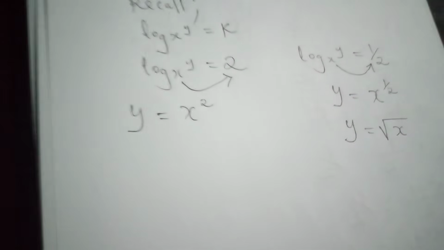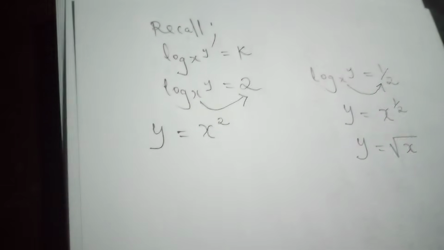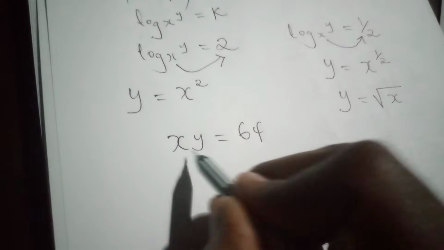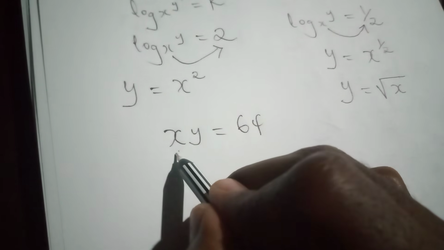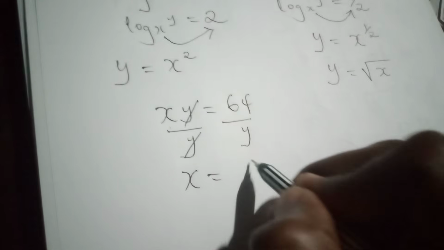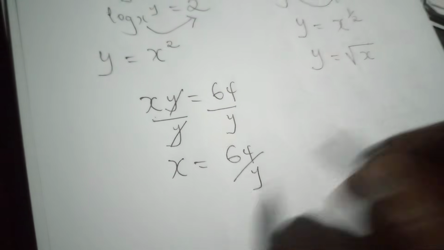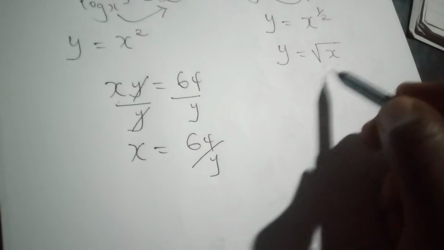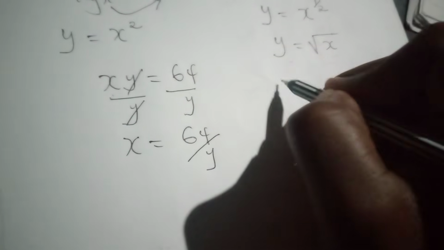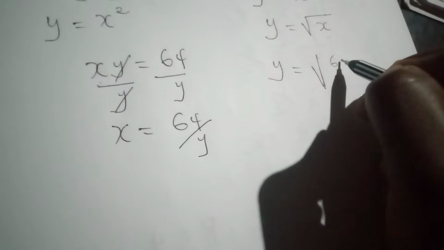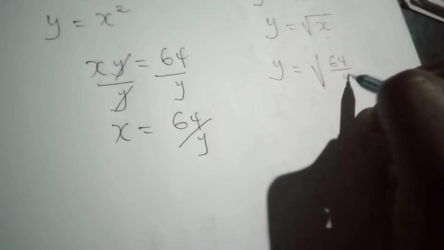So now from there, don't forget that in your question you are given that xy equals 64. So make x the subject of the formula, dividing over y. So x equals what? 64 over y. That simply means that in that equation where there is x, you are going to replace with this one. So y equals the square root of 64 over y.